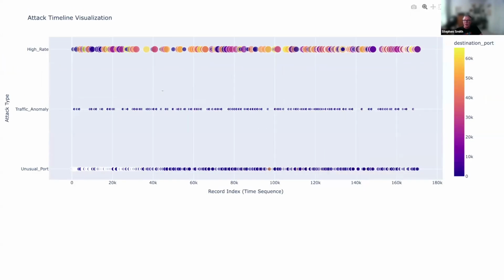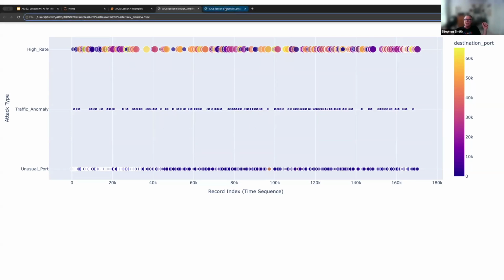I can hover over a spot on the timeline and it tells me what the type of the anomaly is and when it happened, right? It can tell me the ports and destinations and things like that. So this is just a quick example, right? I said, hey, can you generate an attack timeline for my IDS? And this is what it gave me.